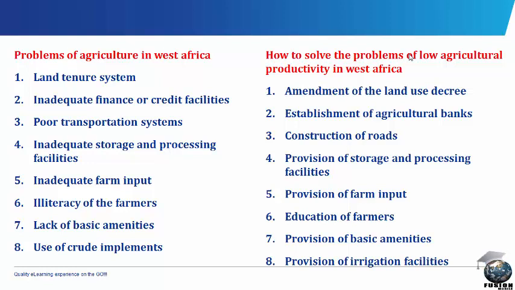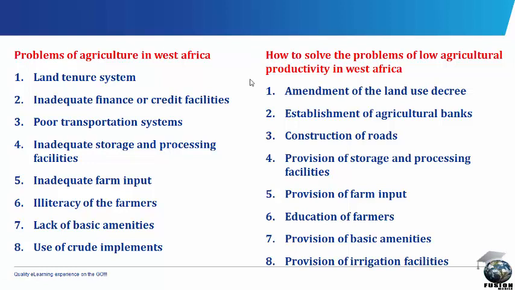Use of crude implements. The use of simple farm tools like cutlass, hoes, etc. leads to low agricultural production. Majority of the farmers are so poor that they cannot afford to buy modern tools and equipment to improve their products.